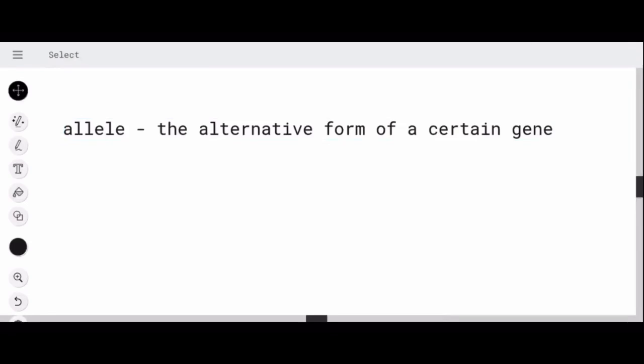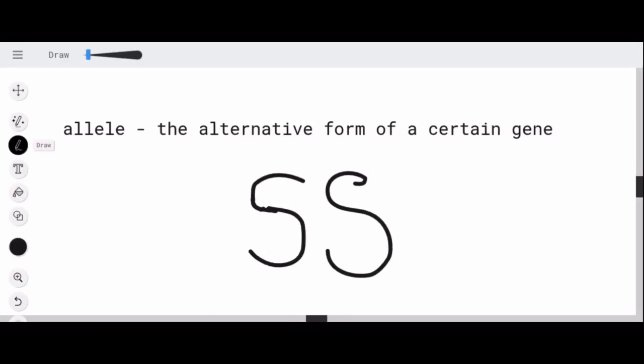For example, we can use here an S. That might be one allele. And sometimes, actually all the time, there's another. Capital and lowercase usually means something different. For example, if I were to use a lowercase, it means something completely different. But that's exactly what comes next.